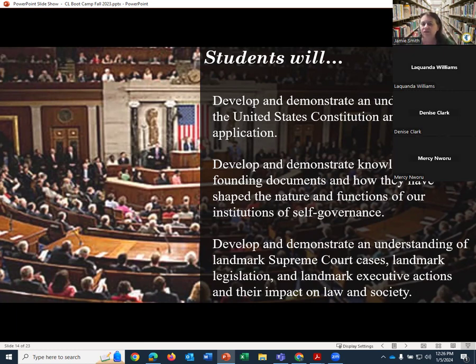And then the next one is develop and demonstrate knowledge of founding documents and how they have shaped the nature and functions of our institutions and self-governance. The founding documents actually affect history more than you would know. When you're looking at the Federalist Papers, these were written by our founding fathers.